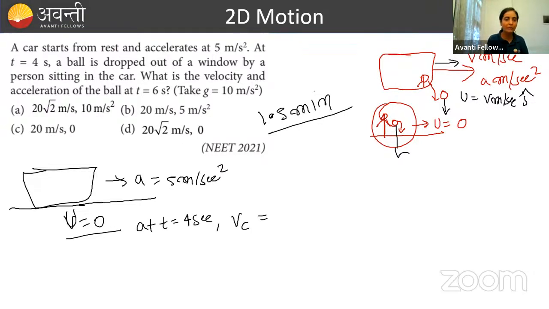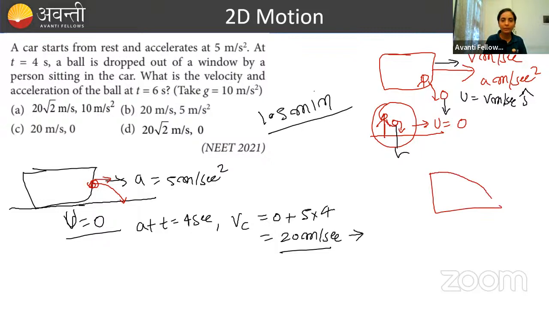Velocity of car will be how much? v equal to u plus at. u is 0, a is 5, time is 4 seconds. So this is 20 meter per second. In which direction? In this direction. So ball will also come out with this velocity in this direction, right? So if a person standing here is throwing a ball, it means ball will come out like what? It will come out like this. Because its initial velocity will be in this direction. So it's the case of horizontal projectile.